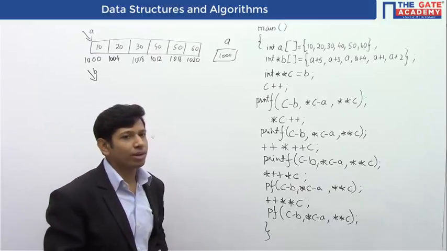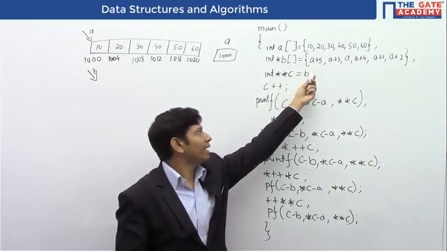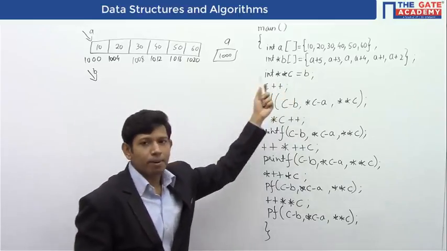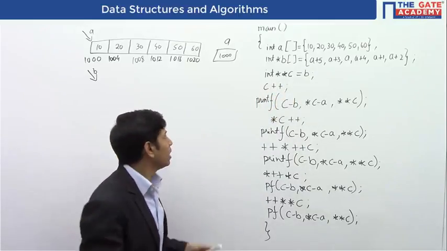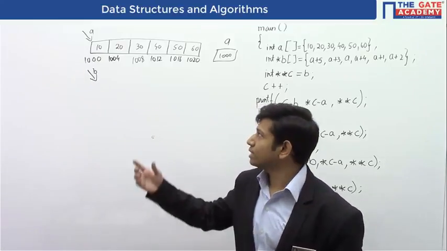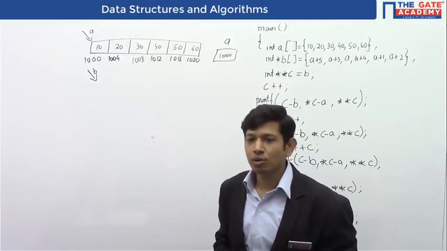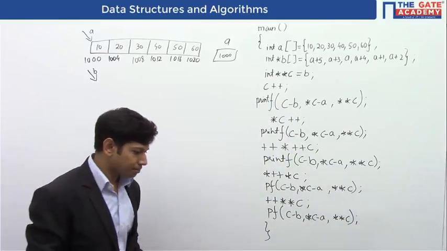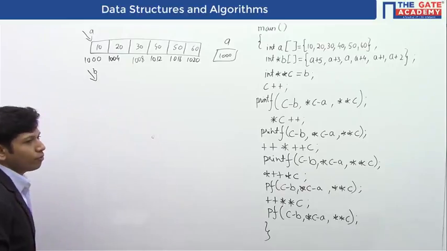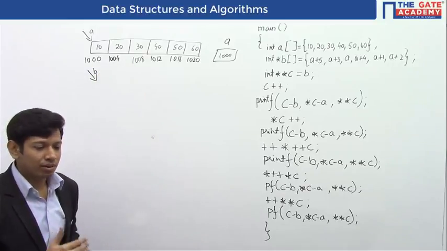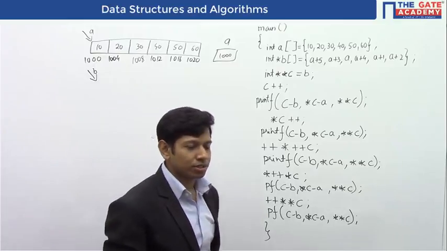Since the array A stores integers, each slot occupies 4 bytes. So A plus 5 would be jumping 5 elements.